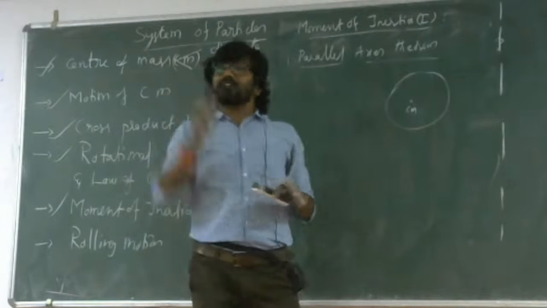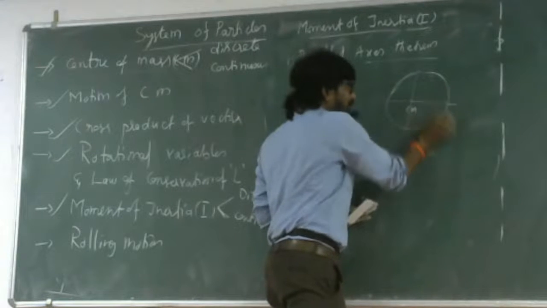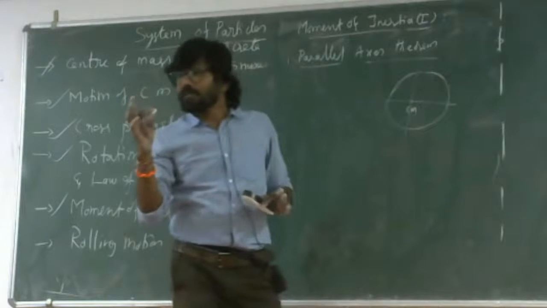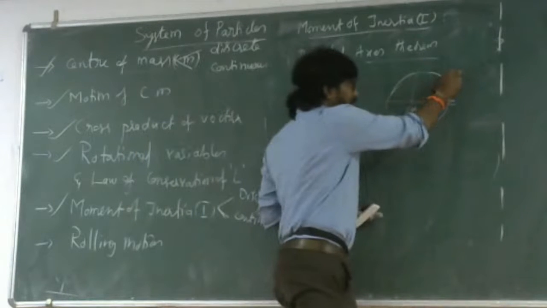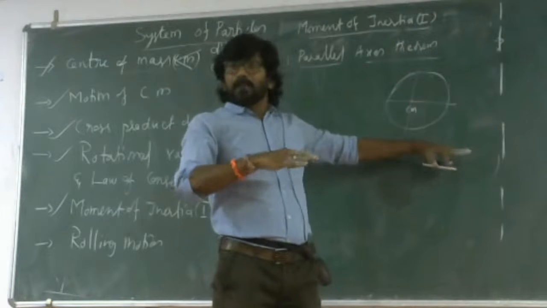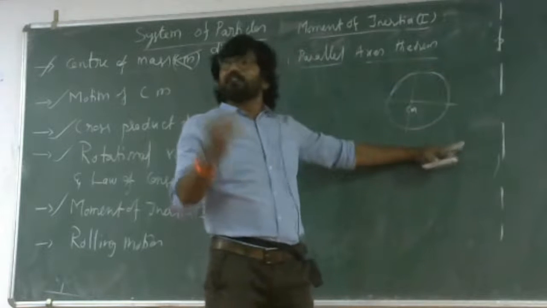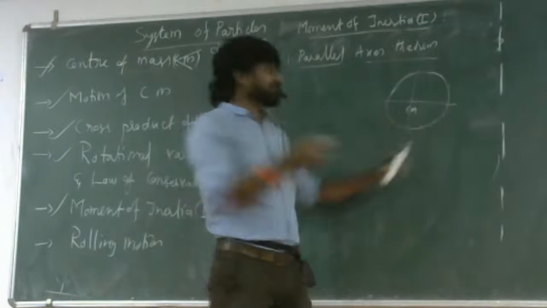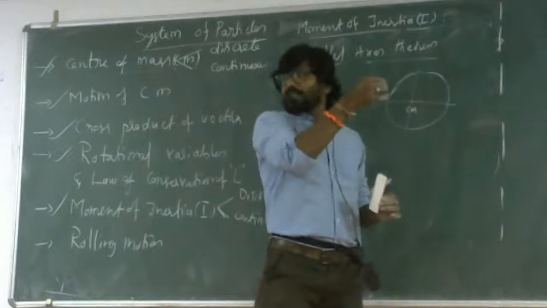If it is touching the diameter, this is the diameter and this is the other diameter. Touching the diameter means it may be here or here. Are you following this? If the axis of rotation is touching the diameter, it may be this axis. And if it is touching the diameter and lying in the plane, then it will be this. If it is touching the diameter and perpendicular to the plane, then you have to take this line like this, a tangent. Is it clear?